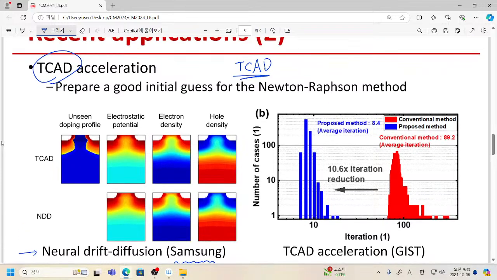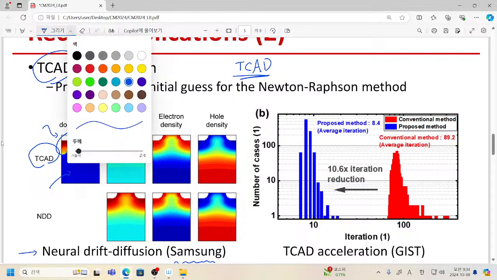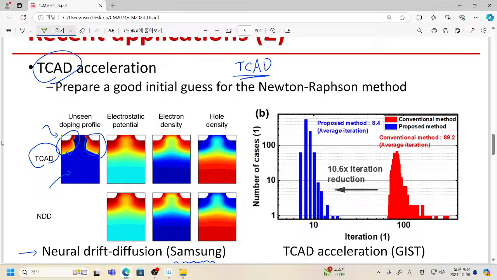For example, this is a conventional TCAD simulation, and this is a doping profile of your device. So what does it mean? This corresponds to your substrate, and here and there you have a source and drain contact. And what is this? This is just covered by metal, so not included in the simulation domain.